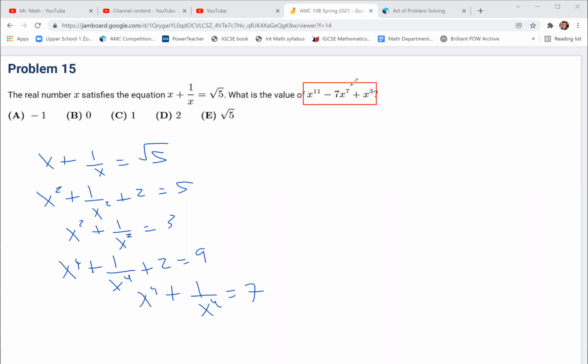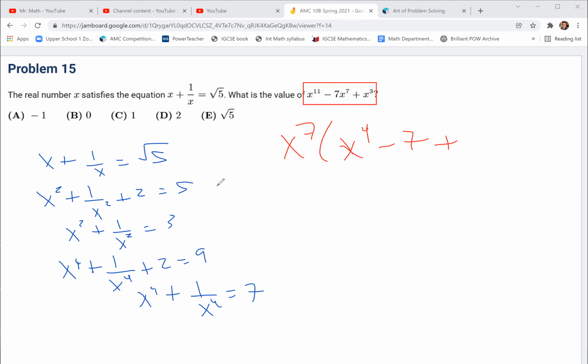11 is 4 more than 7 and 3 is 4 less than 7. So you have this sort of plus 4 and minus 4 here. So what that tells me is, what if I factor out x to the 7? So what if I take the expression we're trying to find and factor out x to the power 7?